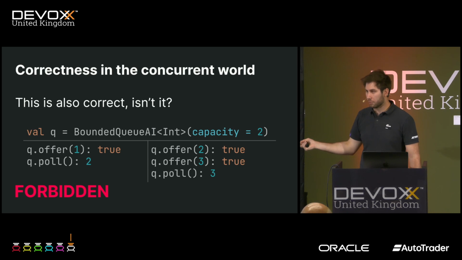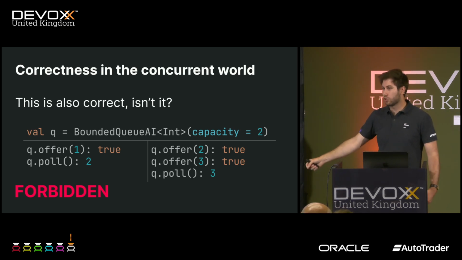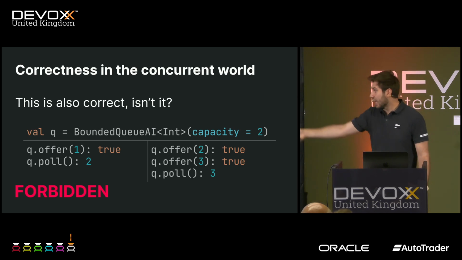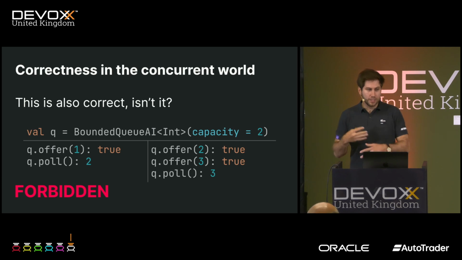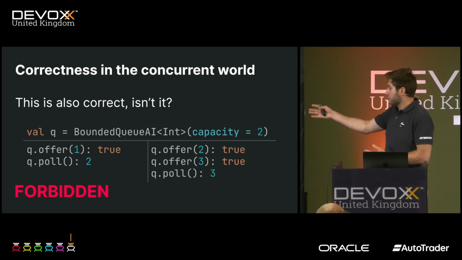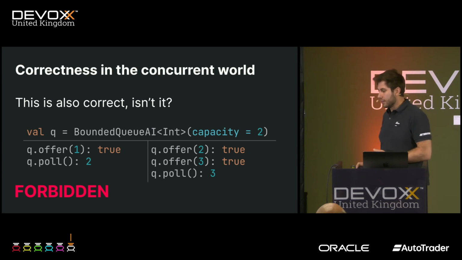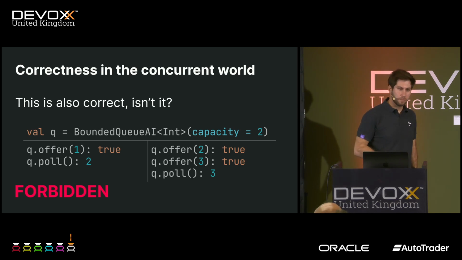We already have 2 elements added in the second thread. So this offer should return false. It should fail. But it doesn't here. And since it doesn't, we cannot find such a sequential execution that will explain these results. And if we can't find such an execution, then we say that it's not linearizable. Okay?